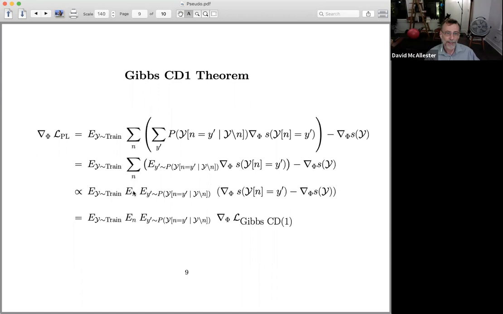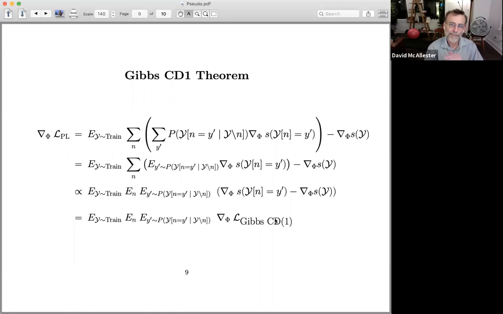So now I've got the expectation over n and the expectation over y drawn from the conditional probability, which is one step of Gibbs sampling, of the gradient of the score after I do the update minus the score before I did the update. This difference is exactly the Gibbs loss. So this is the gradient under phi of the Gibbs loss. So we've established this equivalence between contrastive divergence 1 under the Gibbs MCMC process and the pseudo likelihood objective.